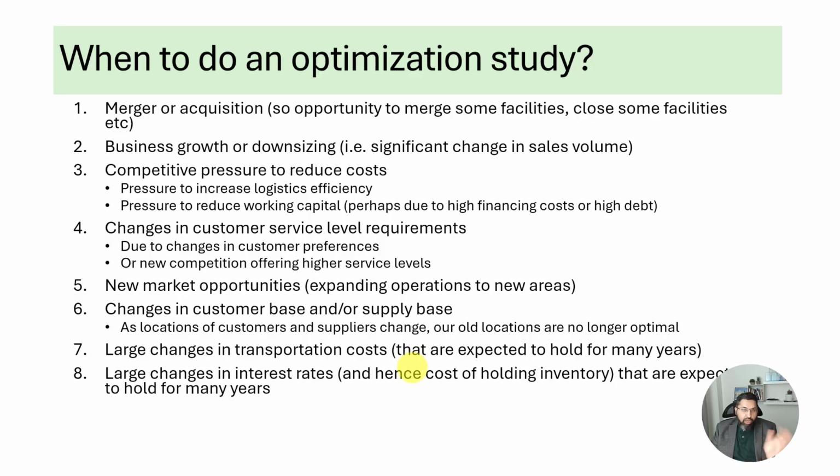And we'll talk about this more and why this happens in the lecture on types of logistics networks. But for now, you should know that if you increase the number of facilities, your safety stock requirements go up. If you reduce the number of facilities, your safety stock requirements tend to fall. And so if your inventory gets more expensive because of higher interest rates, you may want to reanalyze how many facilities you need to have.